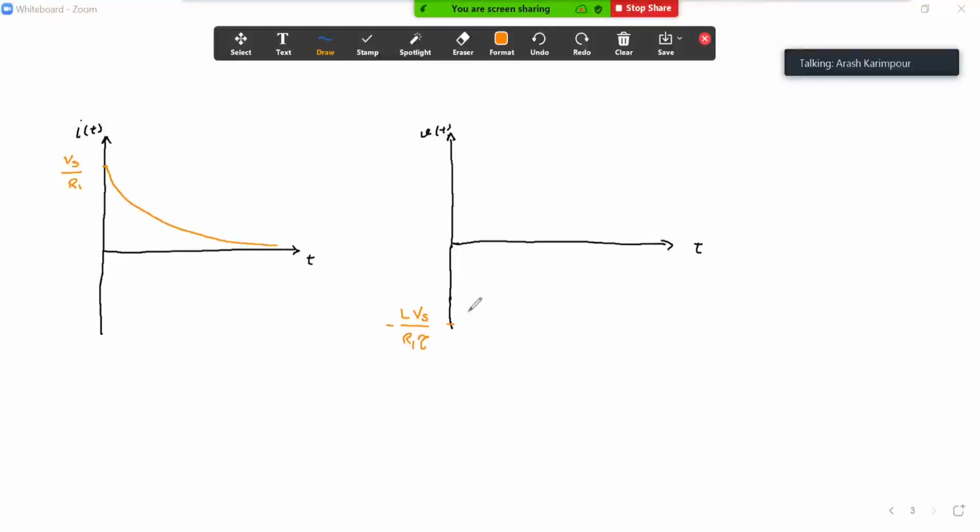And as soon as we open the key, it's going to lose the energy. So the voltage is going to lose its value throughout the transient until eventually it becomes zero, and loses all the voltage it has.